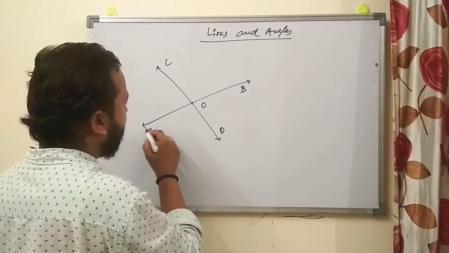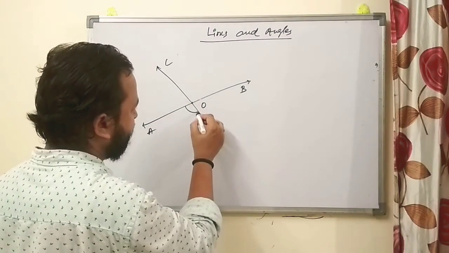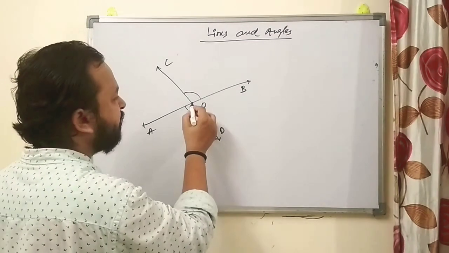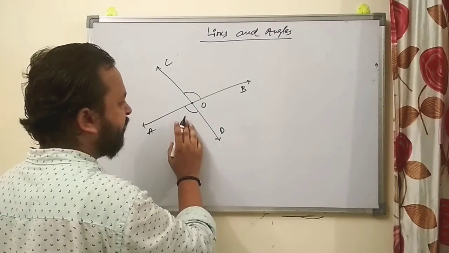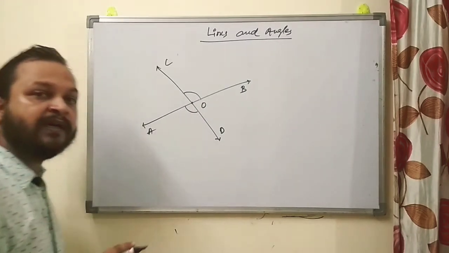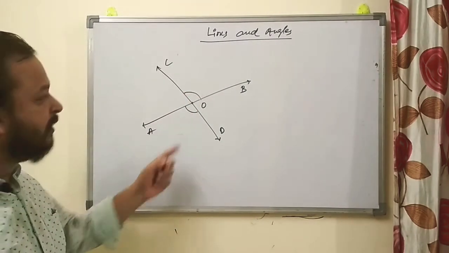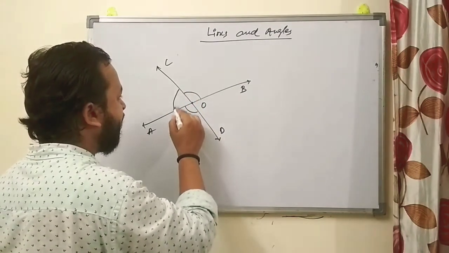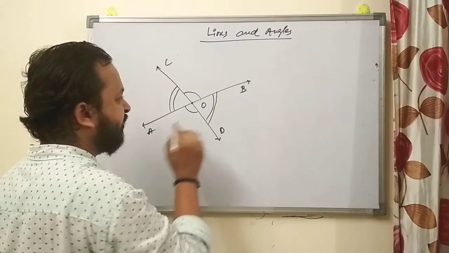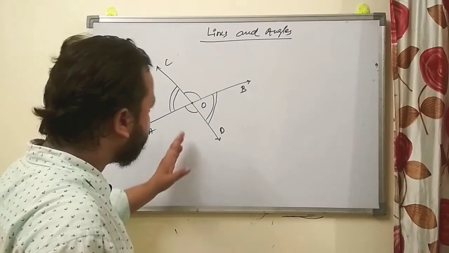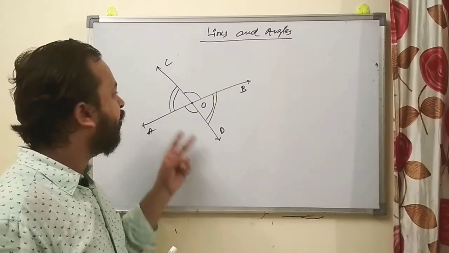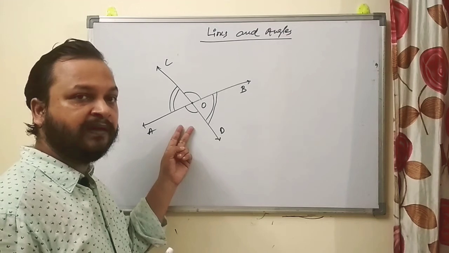So angle AOD is vertically opposite to this angle because these angles are opposite angles at one vertex, right? So that's why they are known as vertically opposite angles, right? And this angle is also vertically opposite to this angle, right? So it is only applicable when the intersection of two lines is given, right?